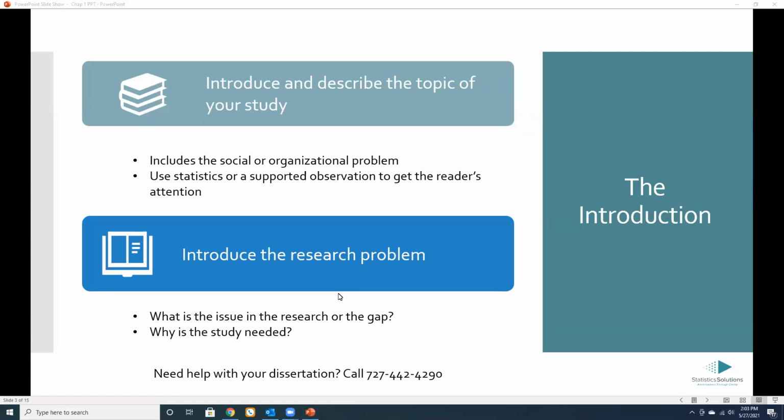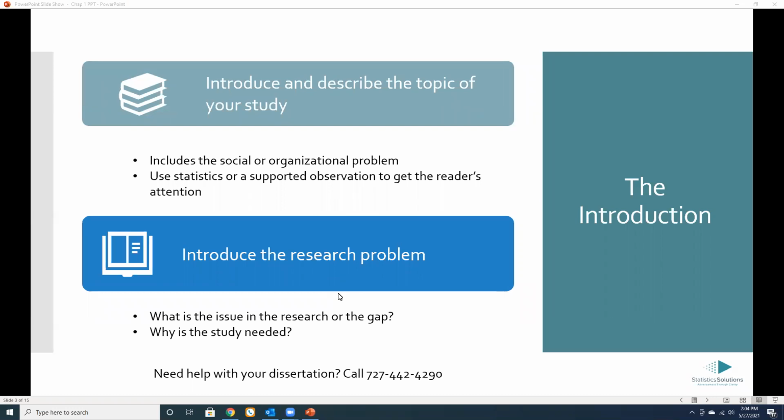So that's an organizational problem, a problem for education. Introduce your topic, introduce why it's a topic, maybe use some recent numbers, right, to grab your reader's attention, to show that it's a problem. Stay as recent as possible here, because you want to show that it's a problem now. Something that was a problem 20 years ago may not be a problem now.